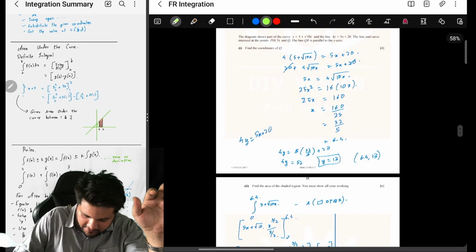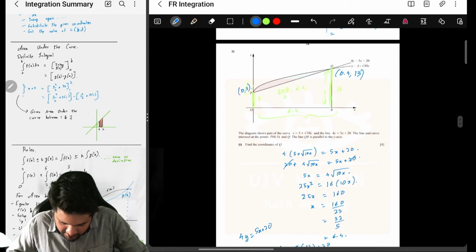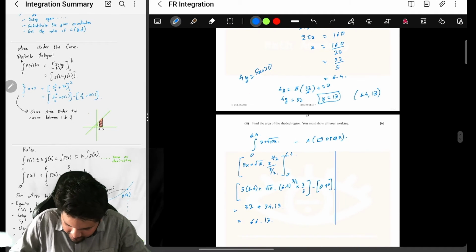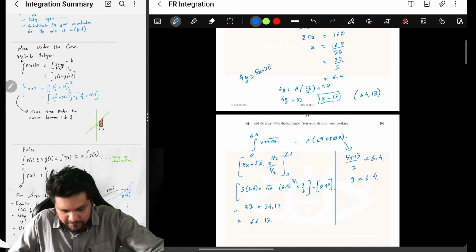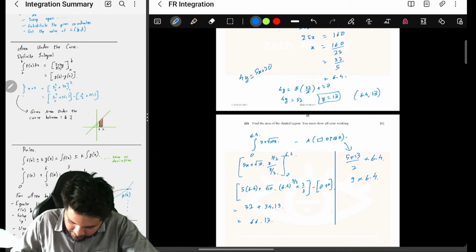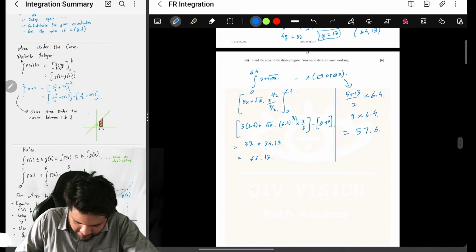So as you can see here, it's going to be 5 plus 13 by 2 into 6.4, which is nothing but 18 by 2, which is 9, into 6.4, which is nothing but 57.6. Now we are just going to find the area of the shaded region.